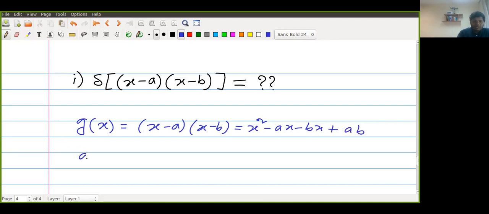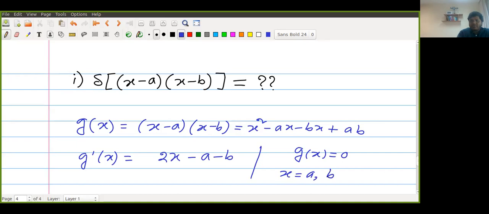Okay, so g prime of x will be 2x minus a minus b. And we know, if I want to calculate the roots of this equation, g of x equals 0, so obviously either x will be a or x will be b. So this equation has two roots.